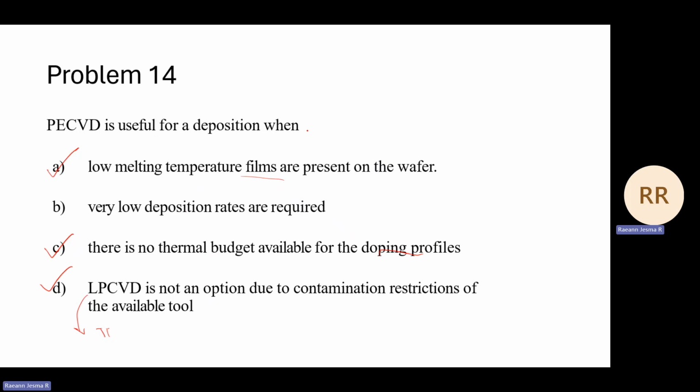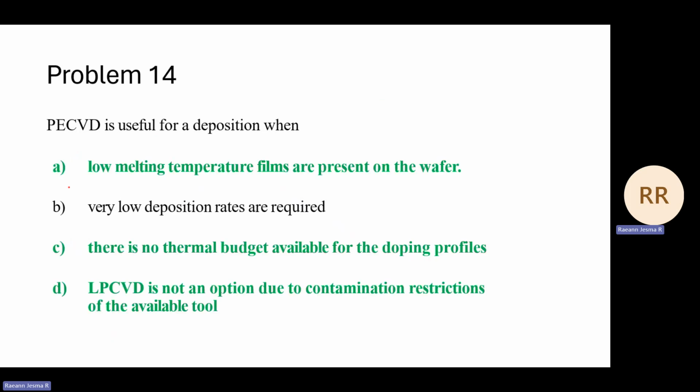If your substrate has some film which is not allowed in LPCVD, then you can go with the PECVD deposition process, which is a low temperature process. So option D is also correct. The correct options are A, C, and D. So these three are the correct answers. Is this clear?